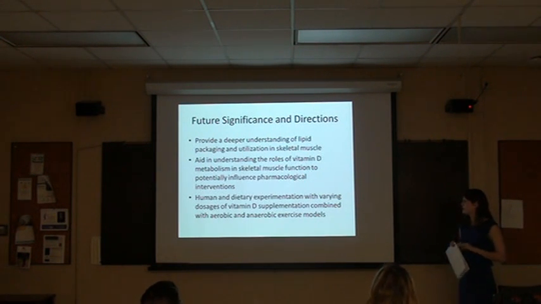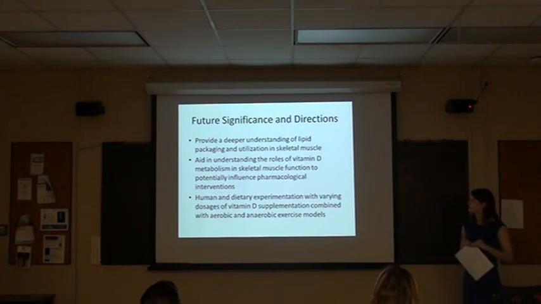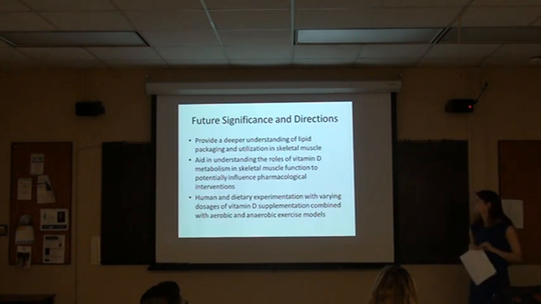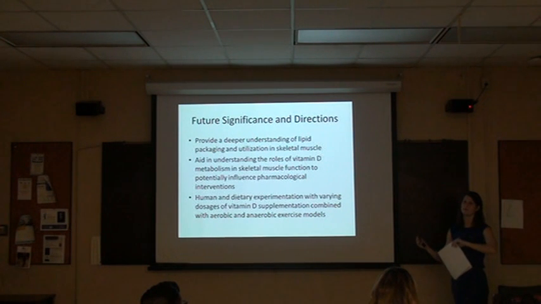And then human and dietary experimentation with varying dosages of vitamin D supplementation to see how a lower or higher dose affects muscle function and muscle performance with aerobic models and anaerobic models, so both sides of the exercise chain there.